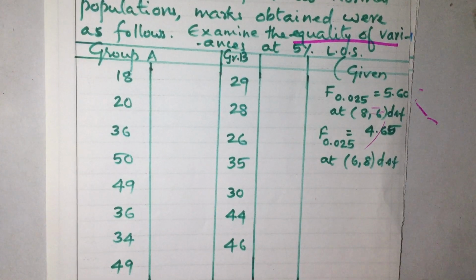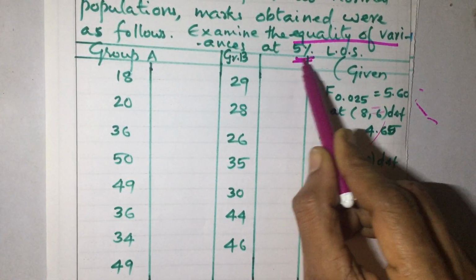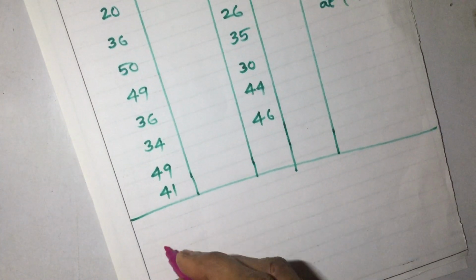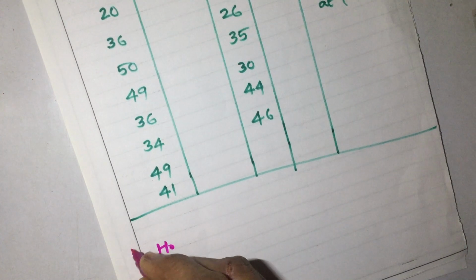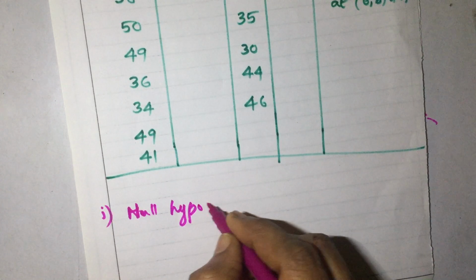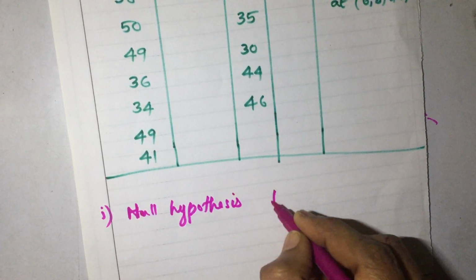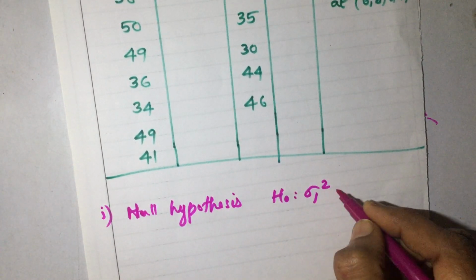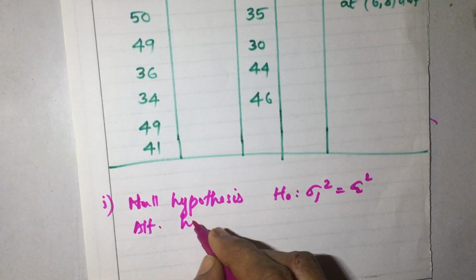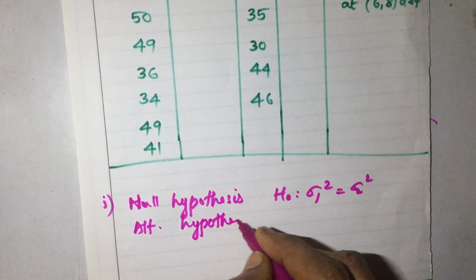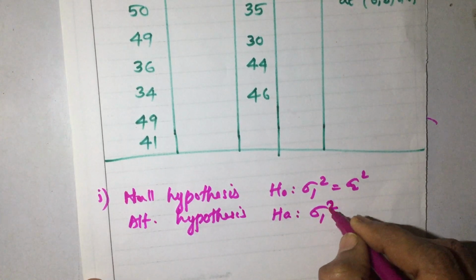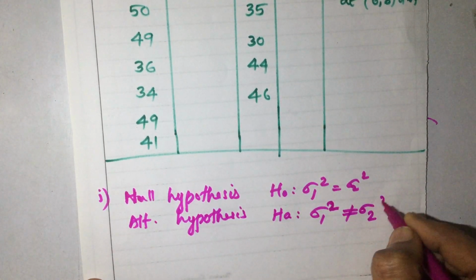and the table values are also given. Okay, so here at 5% LOS, you need to check equality of variance. So here I have to check H0, my null hypothesis. Null hypothesis H0 is sigma 1 square equal to sigma 2 square, and alternate hypothesis HA is sigma 1 square not equal to sigma 2 square.